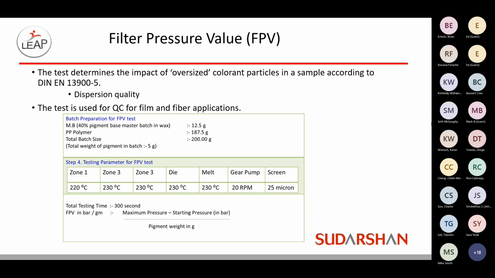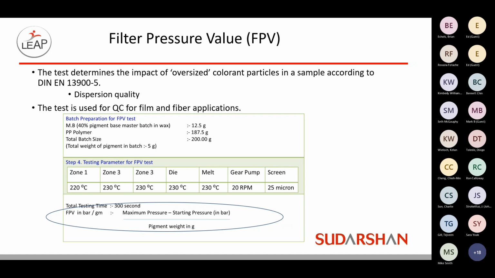But overall, it's a great test to understand and compare product grades in terms of how well they will disperse. It's reported in terms of bars per gram of pigment in this particular test method, but it's also important to acknowledge which size screen is being used. In these examples that I'm sharing with you today, we are using the 25 micron mesh screen in the filter pressure test.